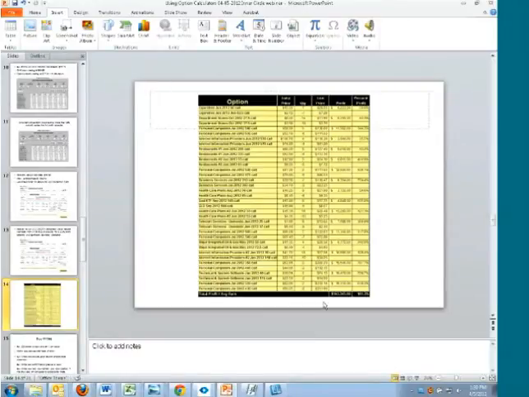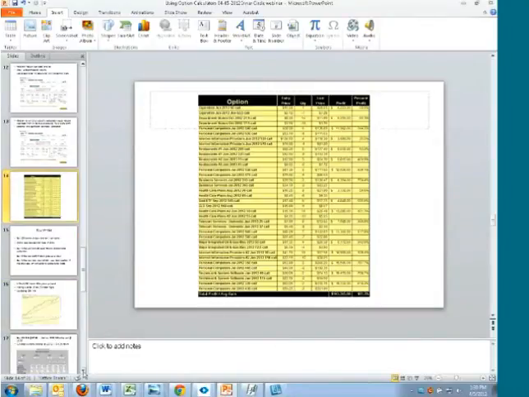So the option spread trade strategy's also been working well this year, and a lot of these are rollovers, and we're starting to build up our profits in these spreads as we roll these over, and we're starting to compound our returns. So this portfolio is also working out well for us this year.